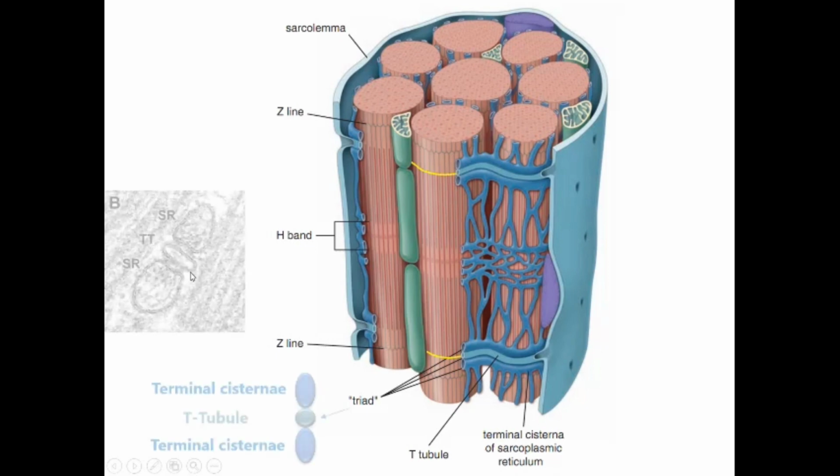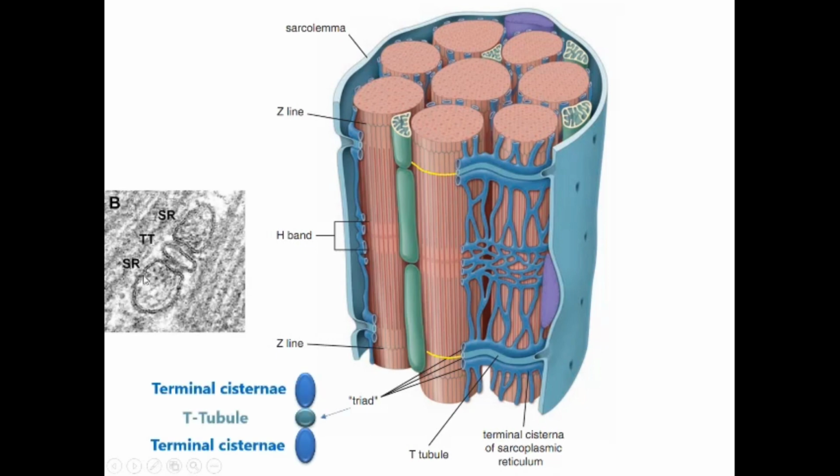You can see here in this picture, we can see three tubes with equal distance. These three tubules within the skeletal muscle are called a triad.